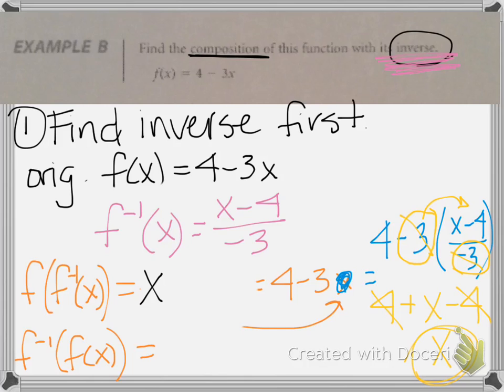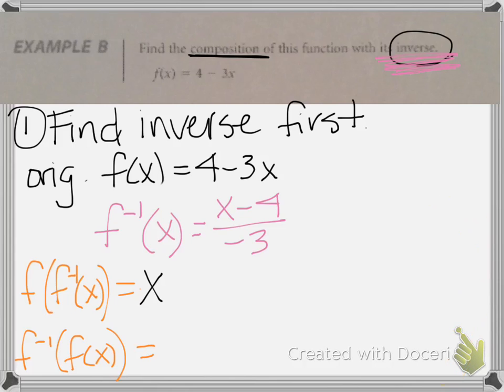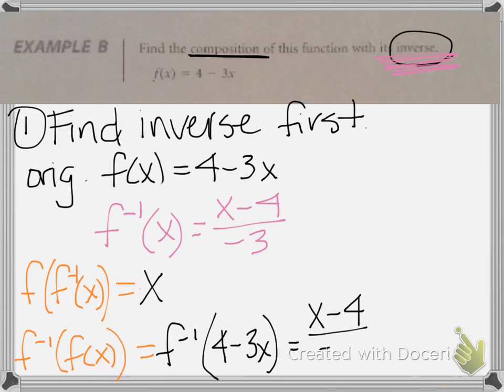Well, what happens if I did it in reverse? What if I put the original function into the inverse? Let's see. So now I have the inverse, and I'm putting in the original, 4 minus 3x. So that is going to go into x minus 4 over negative 3. So this whole thing is going to go in for x in that case right there.